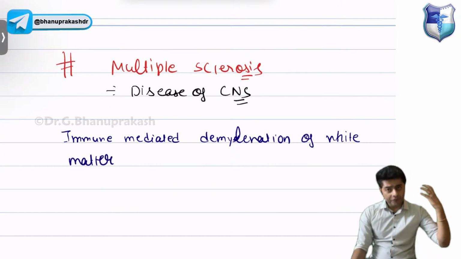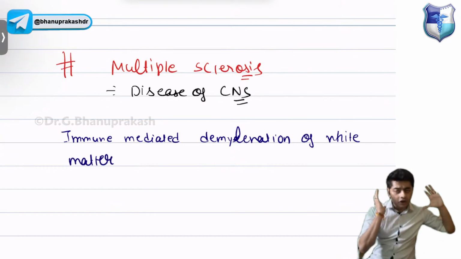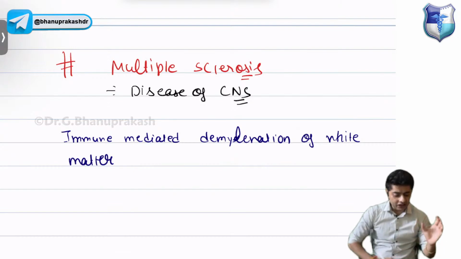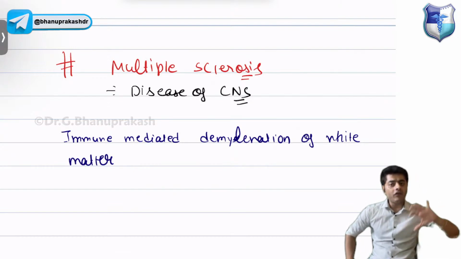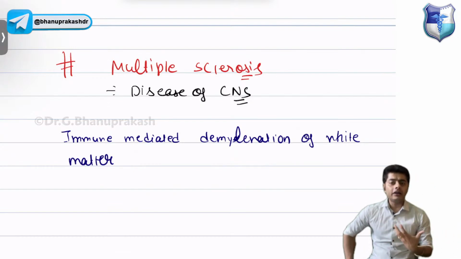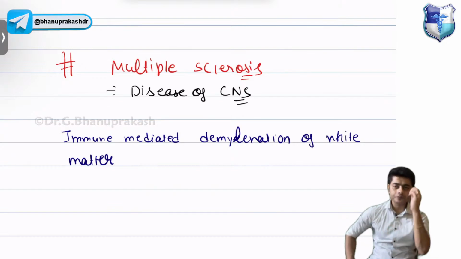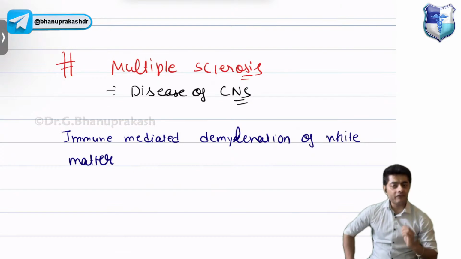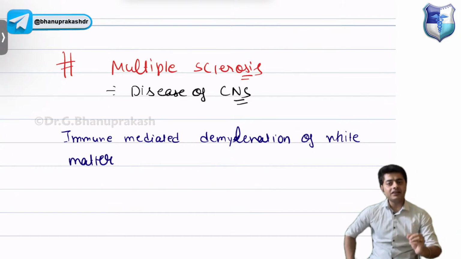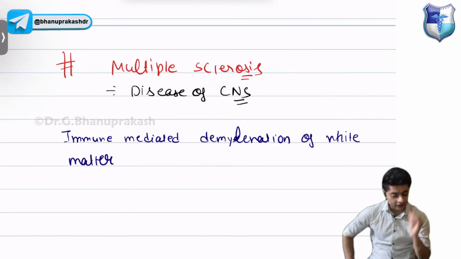Previously it was thought that it only involves white matter. But now our thought regarding multiple sclerosis is changing, and some are saying that it also involves some part of gray matter. Okay.